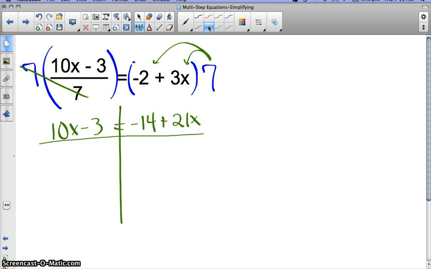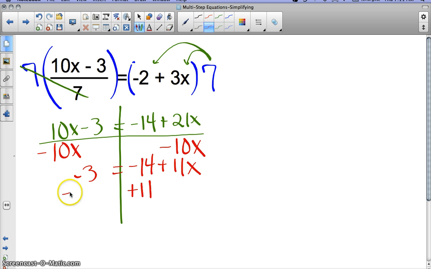Which side has more x's, left or right? Is 10x bigger than 21x, or is 21 bigger than 10? At this point, everybody knows that 21 is bigger than 10, so we need to subtract 10x from both sides. So the x's on the left disappear, and we're left with negative 3 is equal to negative 14 plus 11x.